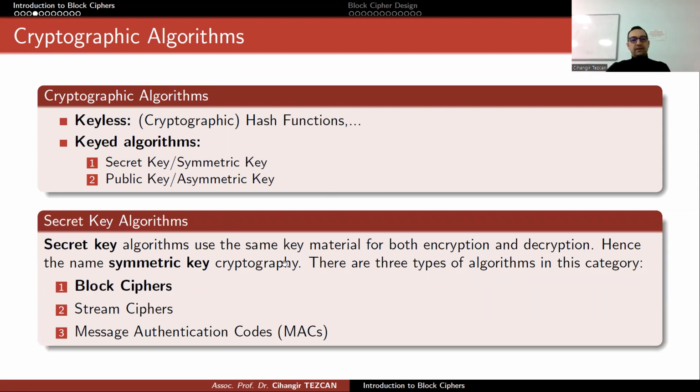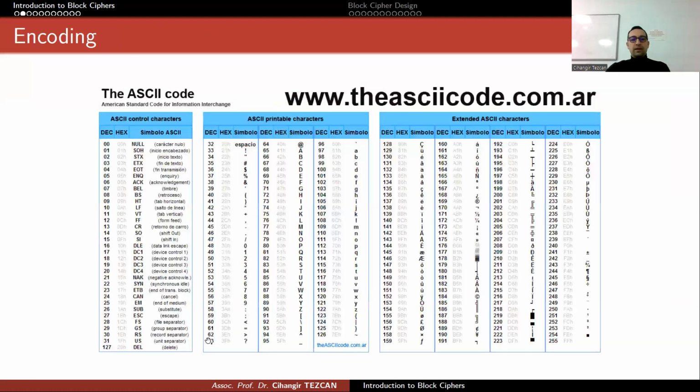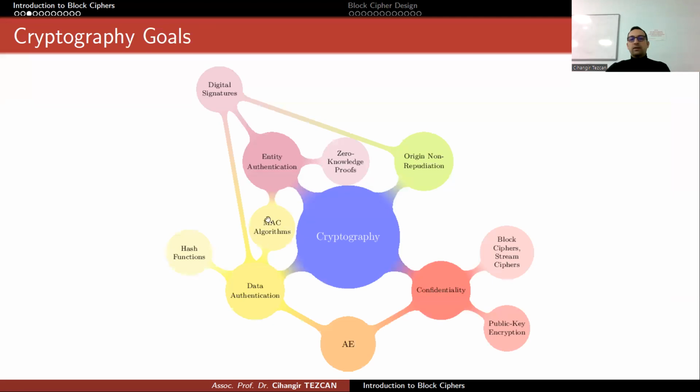For instance, in symmetric key encryption algorithms, we have block ciphers and stream ciphers, but we also have message authentication codes, which is not an encryption algorithm, but a message authentication algorithm, as the name implies. So here, no encryption is involved. If we go back, as you can see, MAC algorithms are here, not here, right? Because it doesn't provide confidentiality. It is not an encryption algorithm. It solves the data authentication or entity authentication problem.